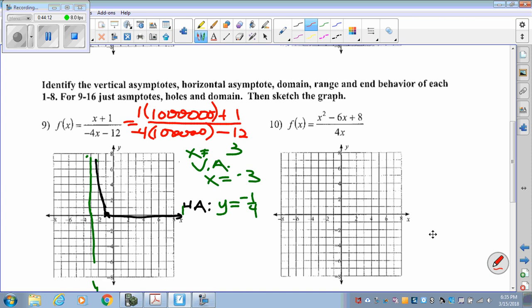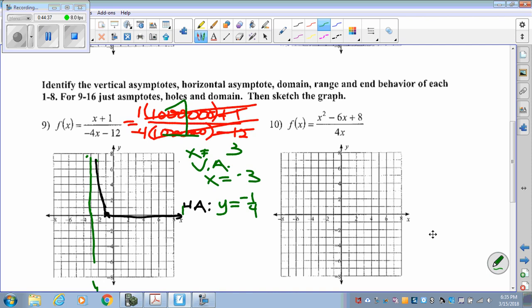Well, if you've got 1,000,000, these don't really matter. 1,000,001, or 12 less than that, they're basically 1,000,000. So basically, this crosses out. You've got 1,000,000 zillion over 1,000,000 zillion, which is 1.